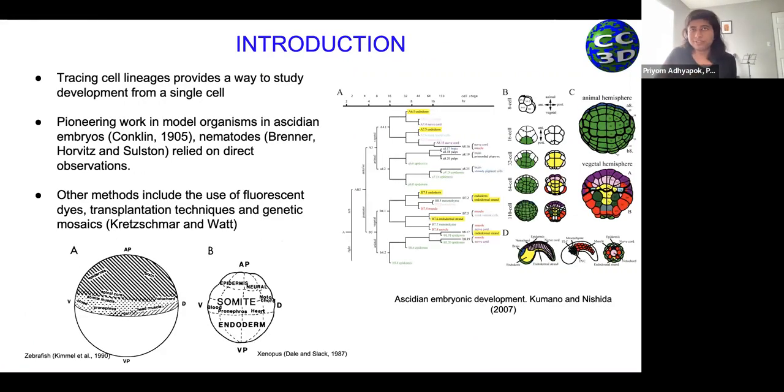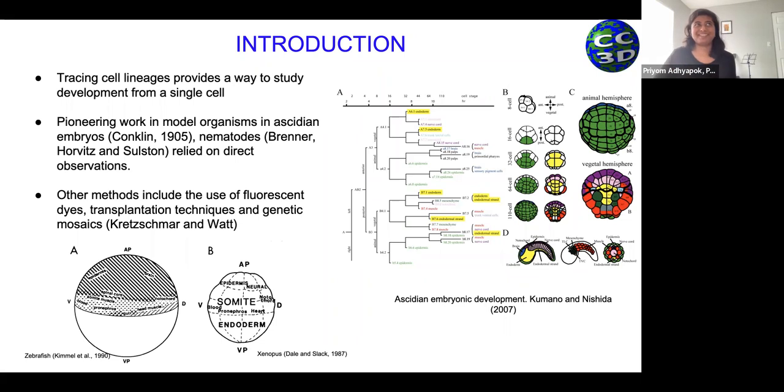The first problems of lineage tracing that people tackled go back hundreds of years. The pioneering work on tunicates, ascidians and nematodes enabled people to understand how a single cell becomes a multicellular organism. The first measurements on these organisms were done through direct observation.